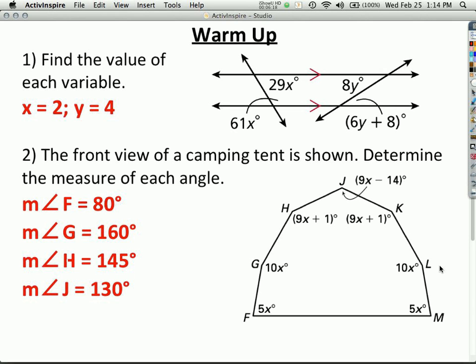Good. Kisara, what did you do to get Y? Very good. So you set them equal to each other because what were they called again?